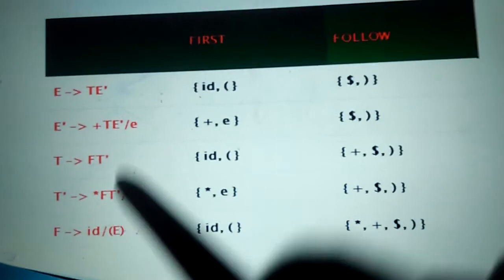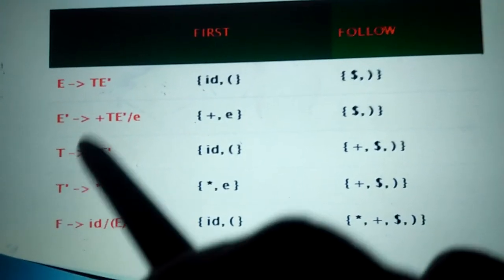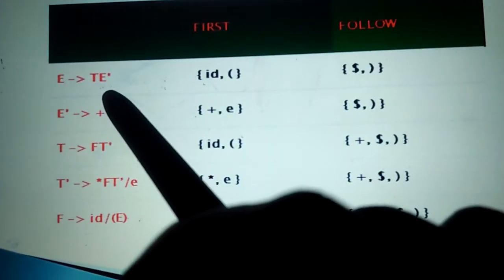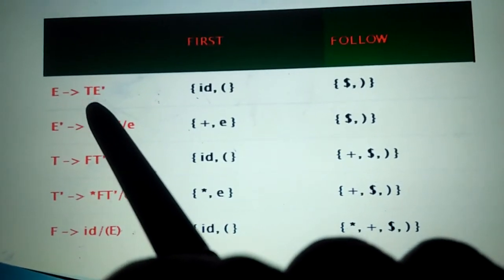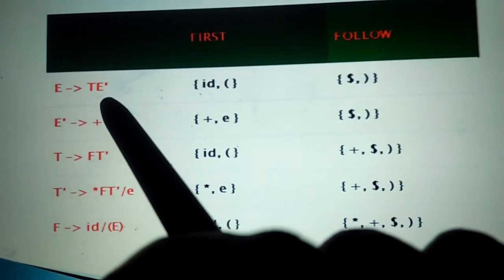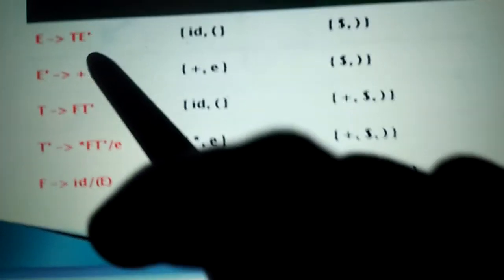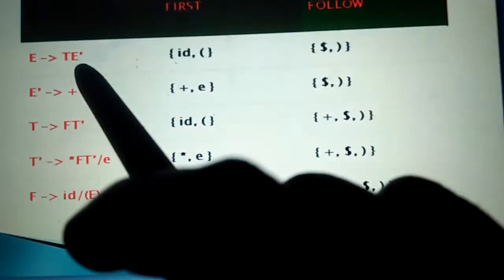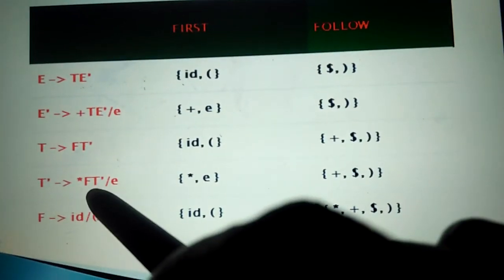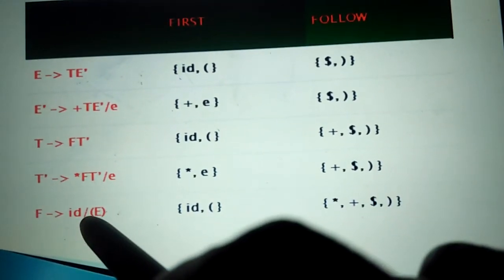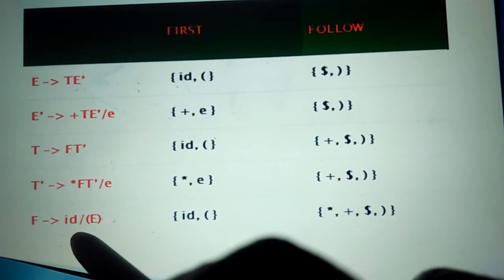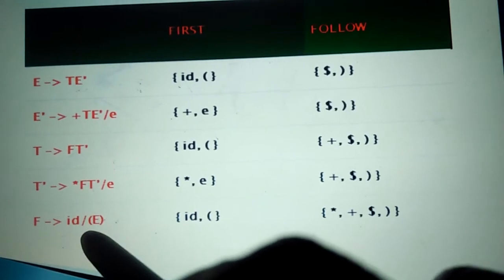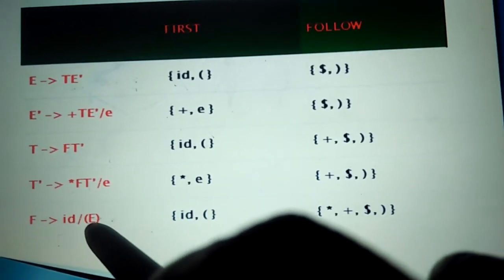Further, F is followed by what? This T is yielding T and E star, or sorry, E dash, and it's an E star. So E star is yielding F. What is F giving? It is giving the identifier and the opening bracket.